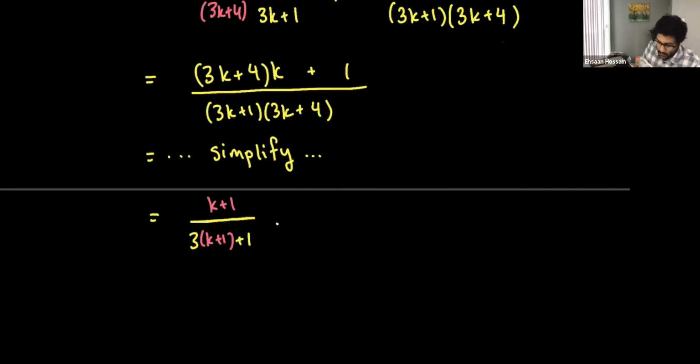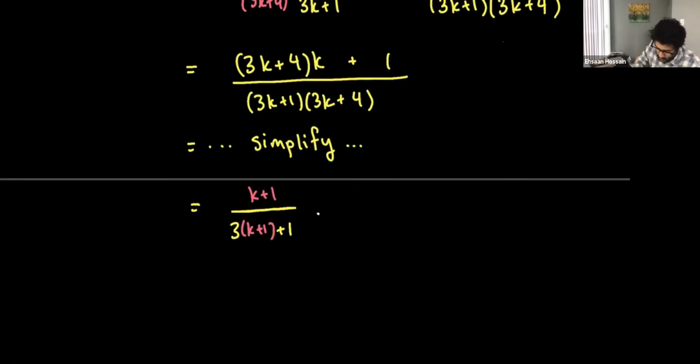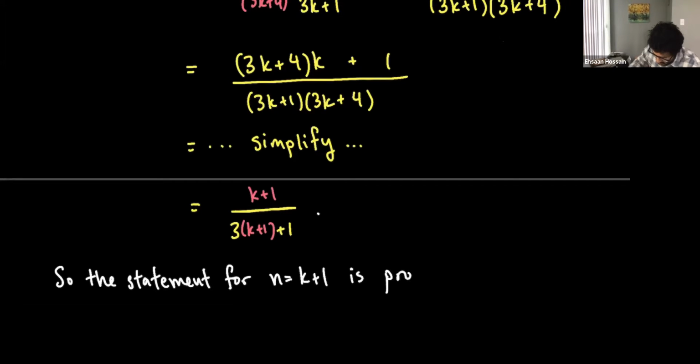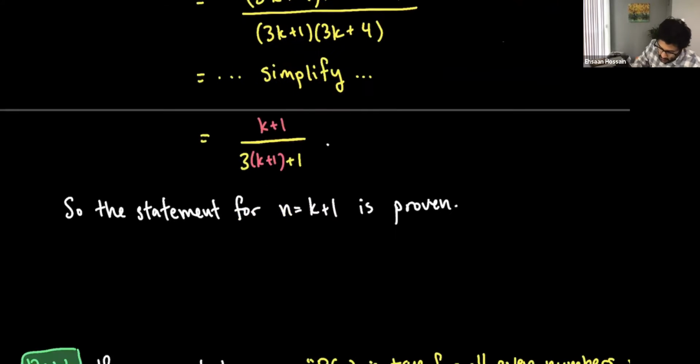And that proves the induction step, right? So this proves the statement. So the statement for n equals k plus 1 is proven. And then you say conclusion. The statement is true for all n by induction.